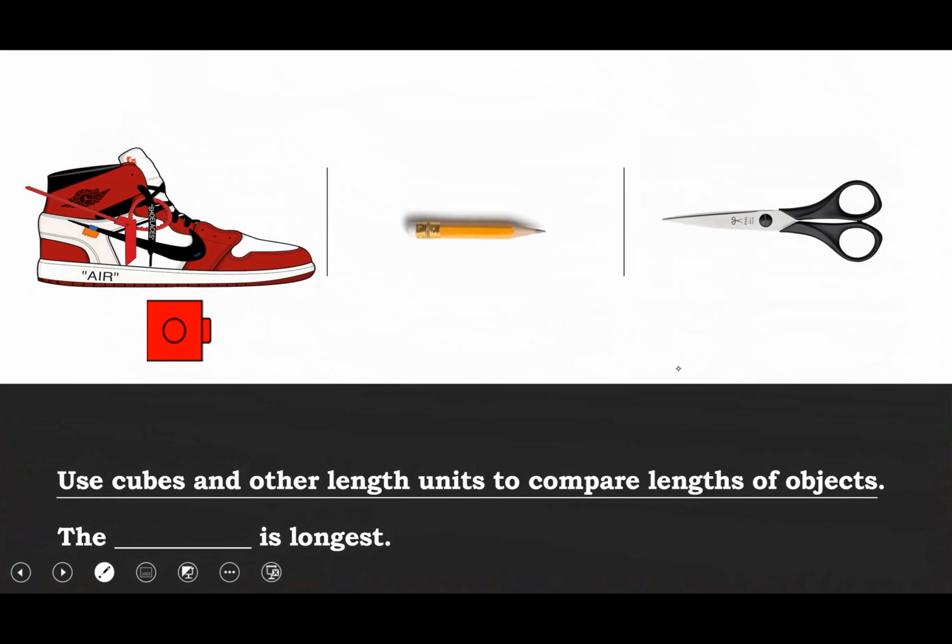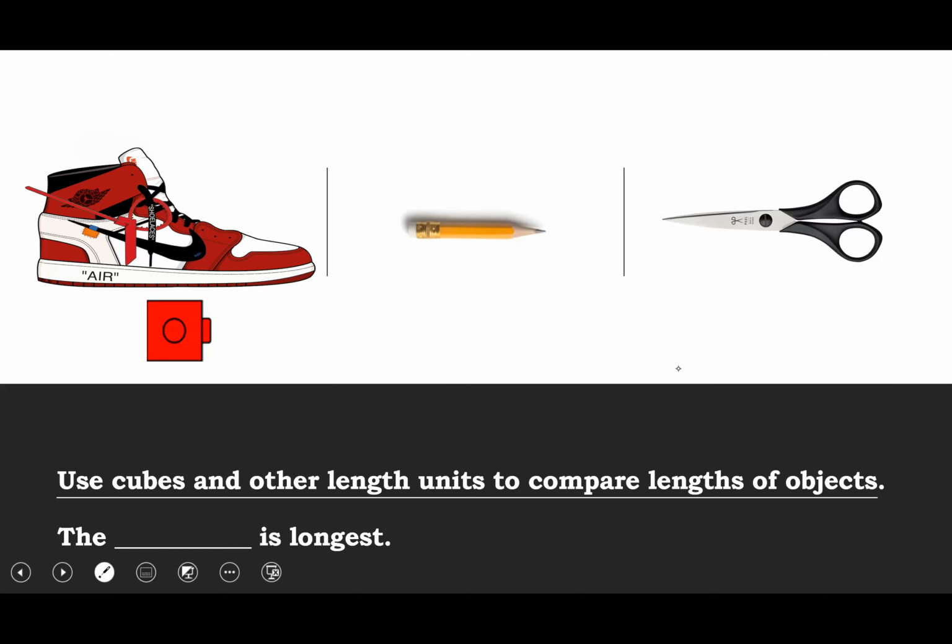Now, we use cubes and other length units to compare lengths of objects, right? I told you yesterday, we can use any object, or we can use cubes or other length units to measure the length, and then you can compare also.